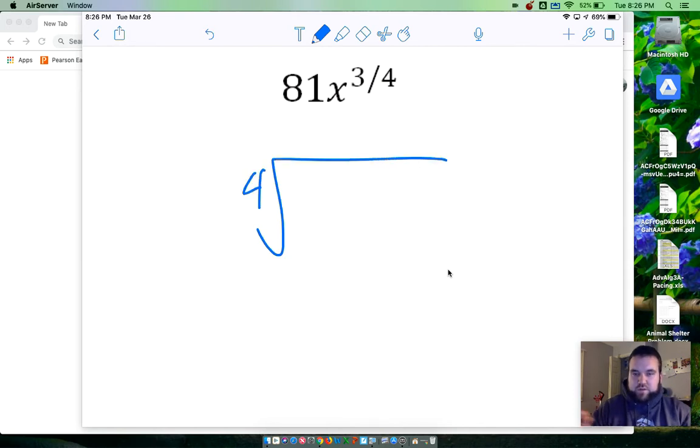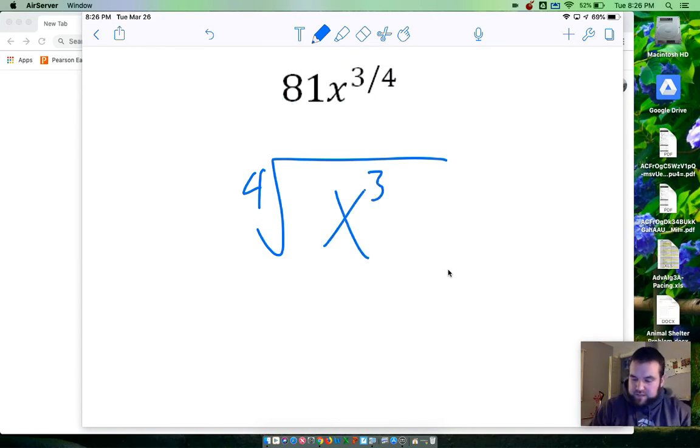I know that the 4 is going to be my index, and here's where you need to be careful that this exponent is only applying to the variable. That is not applying to the 81. Otherwise, you would see parentheses around it, something like this. But since I don't see parentheses, that exponent is only applying to the variable x.